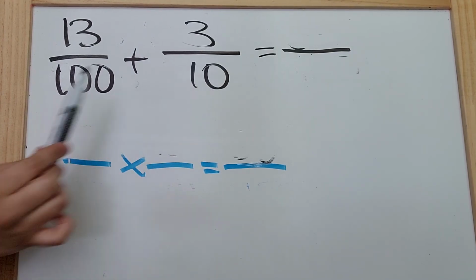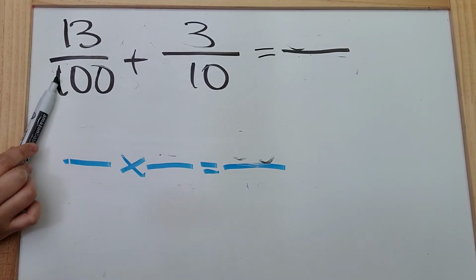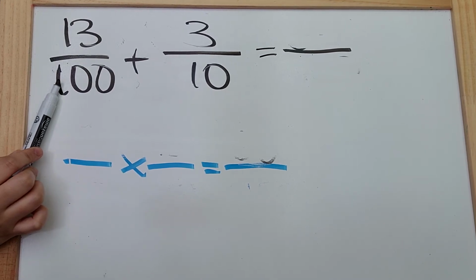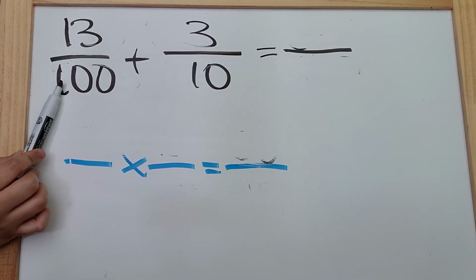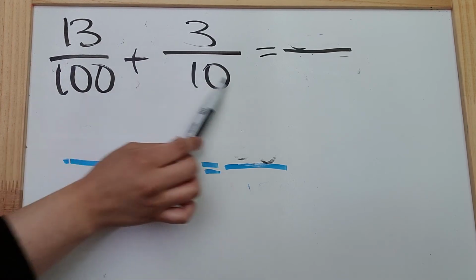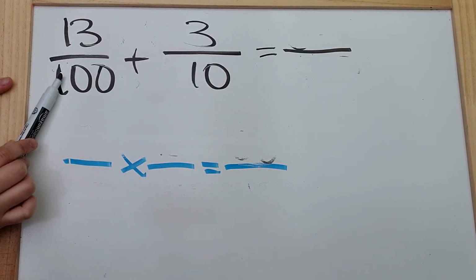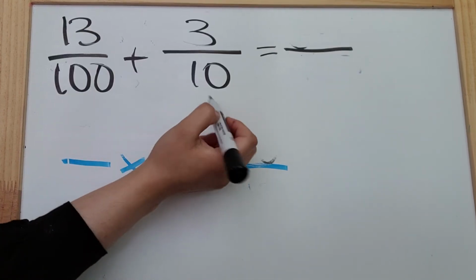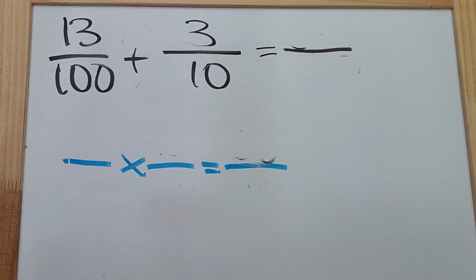The numbers have changed. I started with a denominator of 10 last time, and now we have a denominator of 100, but that does not make this the number that we're going to change, if that makes sense. We are going to convert the tenths into hundredths.